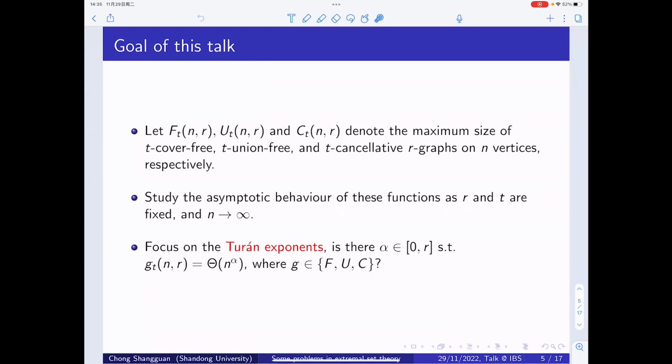In particular, we will focus on the Turán exponents of these functions. In other words, we want to know whether there is a real number alpha in the closed interval from 0 to r such that g_t(n,r) is of the order n to the power of alpha, where g can be any of these f, u, and c.